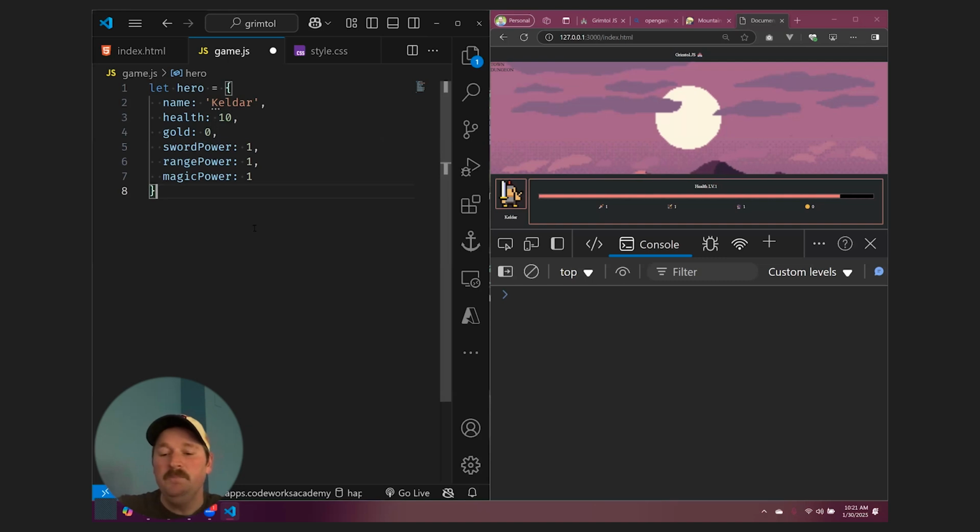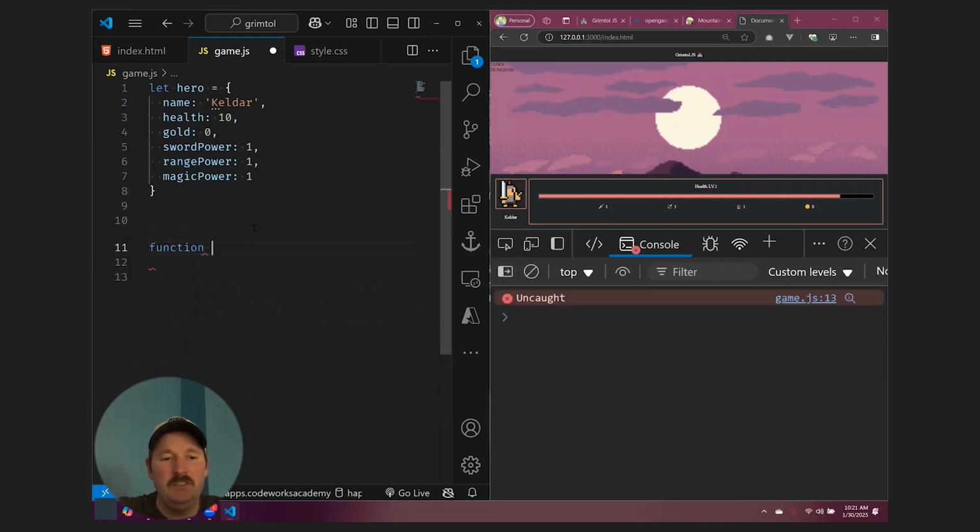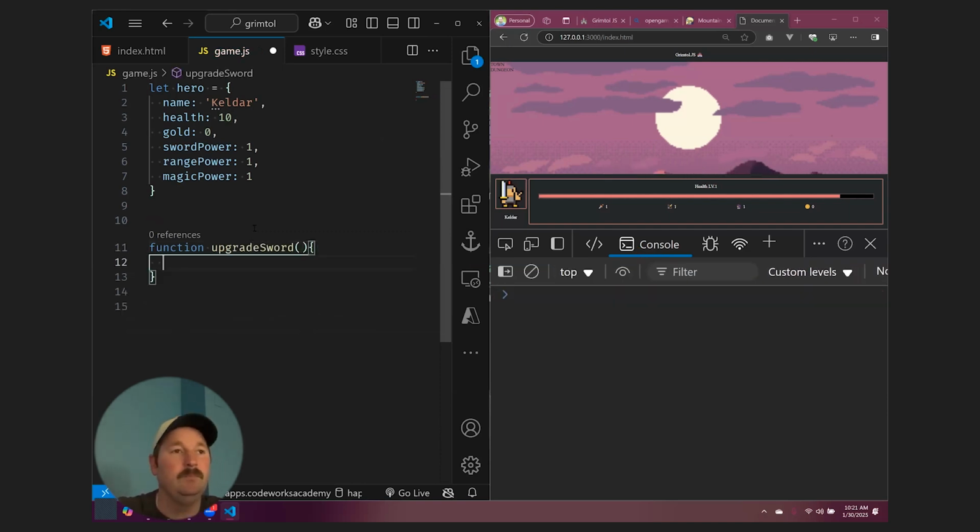All right. Now let's do something very simple. Let's go ahead and say function upgrade sword. To just get started, if I run upgrade sword, my whole goal is to make the sword power go up by 1.